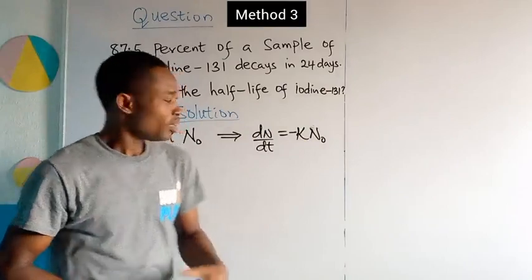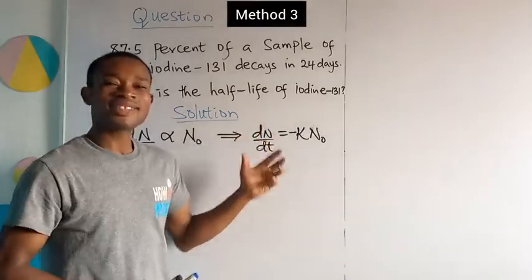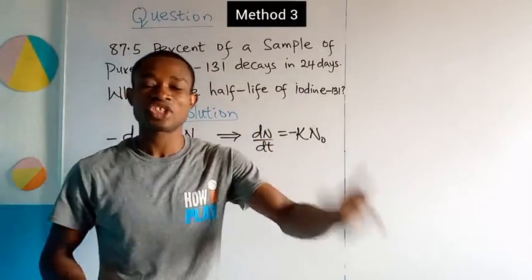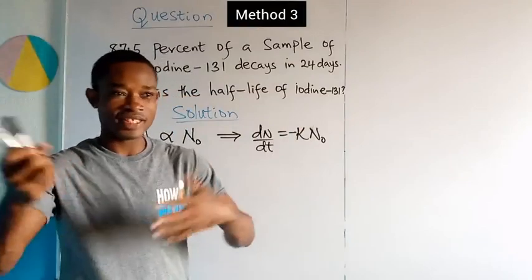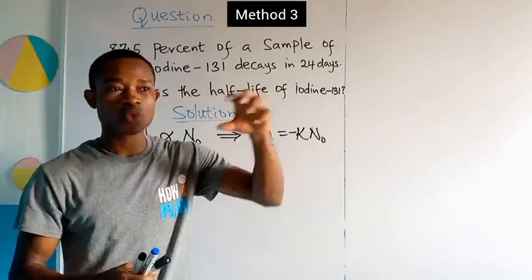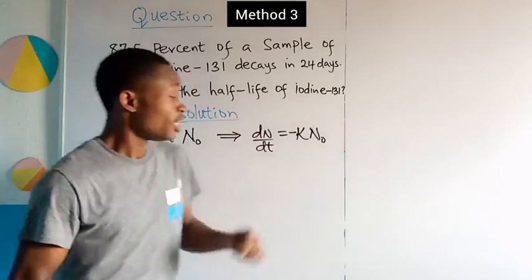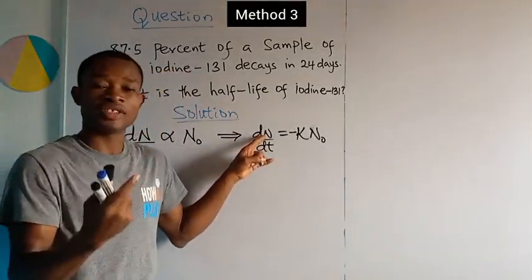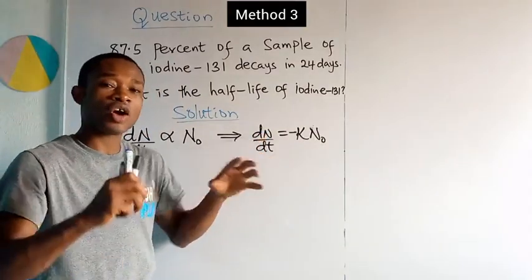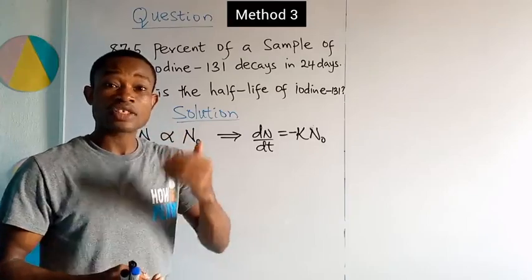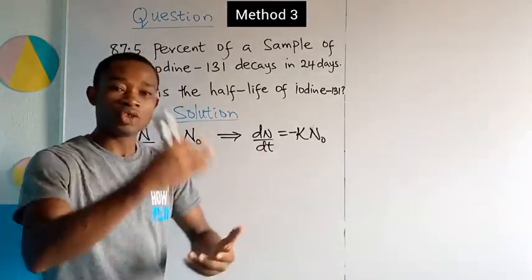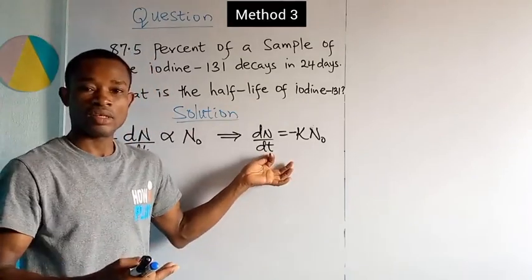Having said this, it is important to know that writing dN/dt is a differential process, like dy/dx. It's telling you the rate at which something changes with respect to the other. This N here is the quantity. It could be the percentage, the amount of iodine-131 or whatever radioactive substance you are dealing with, which is decaying over some time, t.